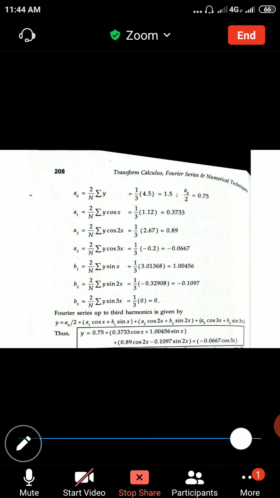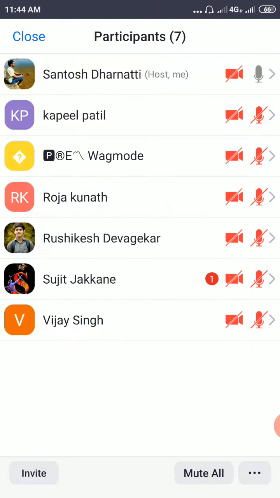So any doubts? This is the second example. Any doubts? Kapil?